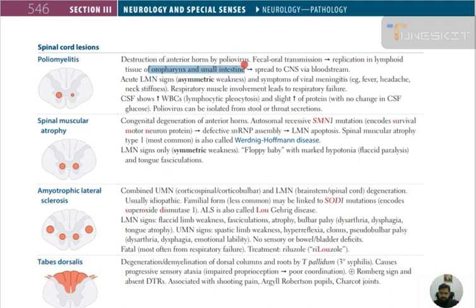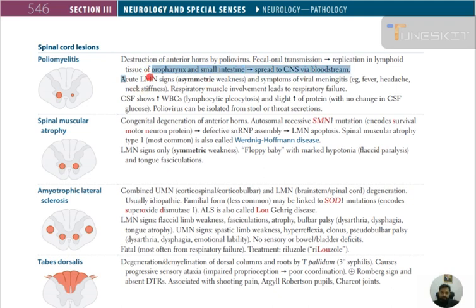This is the underlying mechanism: when there is fecal-oral transmission, we get this virus in our GIT tract. There is replication in the lymphoid tissue of the oropharynx and small intestine, and then from here it spreads to the CNS via the bloodstream.